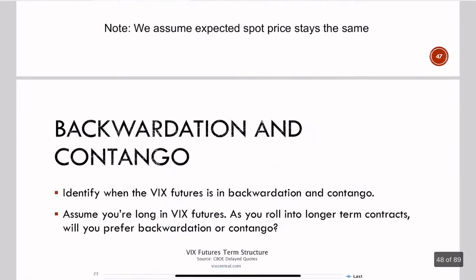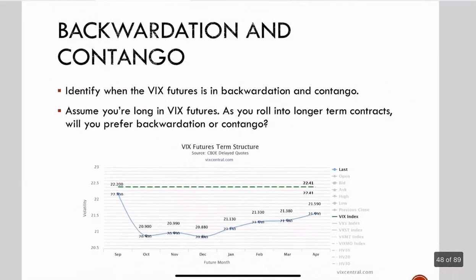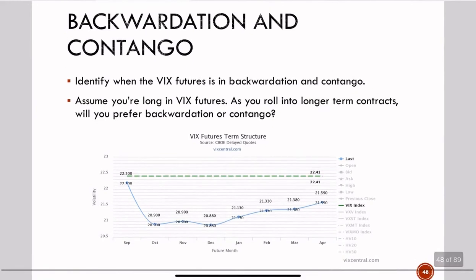So now let's look at the following example here. This example is actually quite interesting, and it's also very useful because even as a retail investor, if you invest in some financial product which holds futures, then you actually need to understand backwardation and contango.